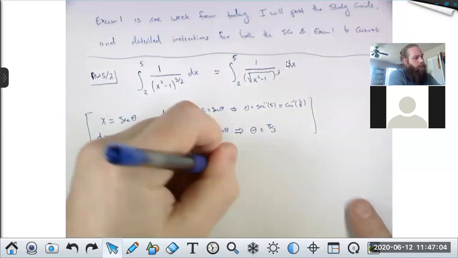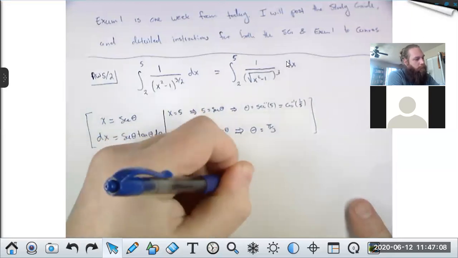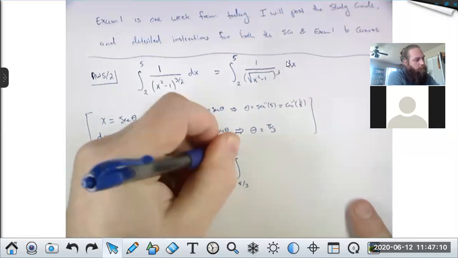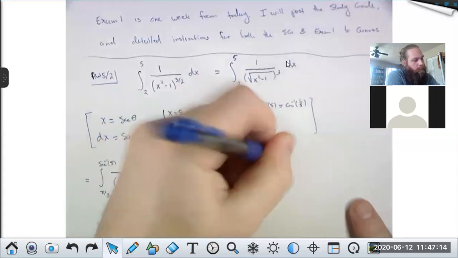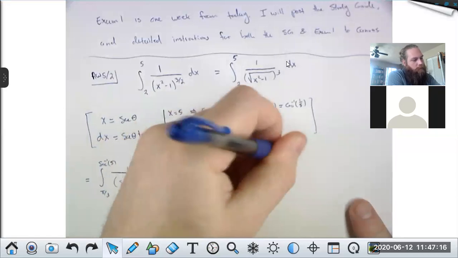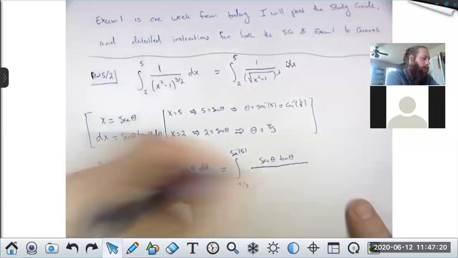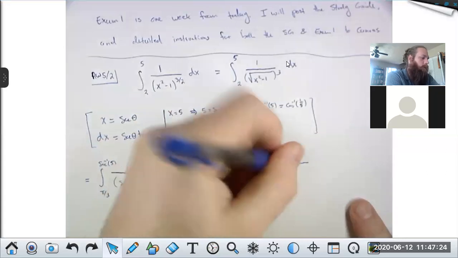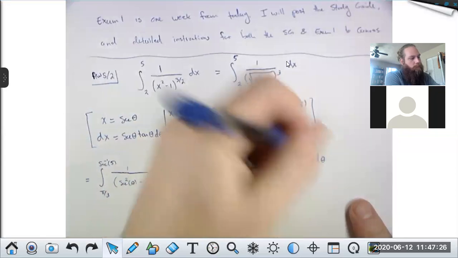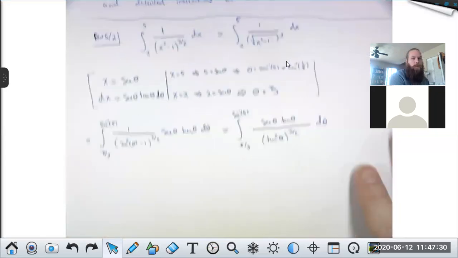From here, I have the integral from pi over 3 to the inverse secant of 5, secant theta, tangent theta, all divided by secant squared minus 1, which is tangent squared, raised to the 3/2.